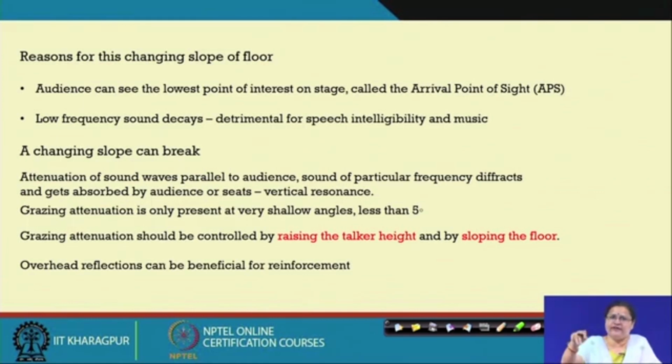Another is overhead reflections are always preferred, so that it can help in beneficial reflection reinforcement of these low frequency sound in particular. Because if the direct sound is lost, the reflected sound should actually fill in the gap. So, this changing floor can break this grazing attenuation. Even the raising of the floor can check grazing attenuation. So, apart from viewing, acoustically these are the purposes for raking the floor.